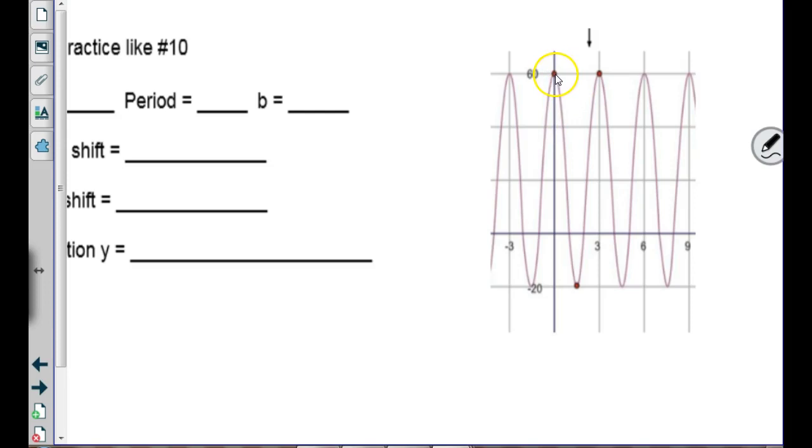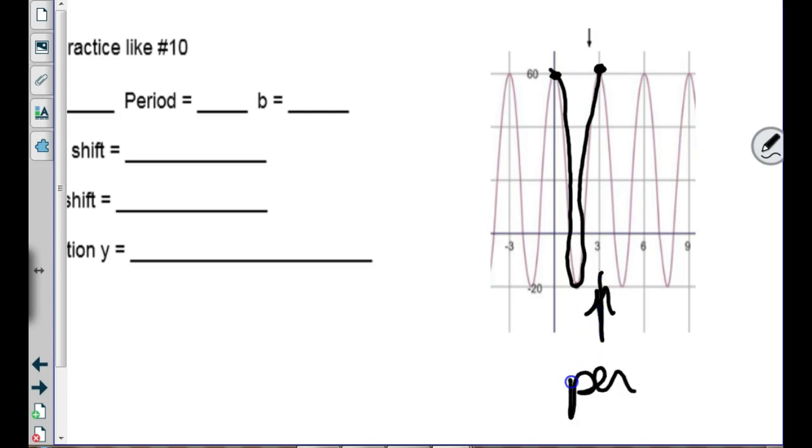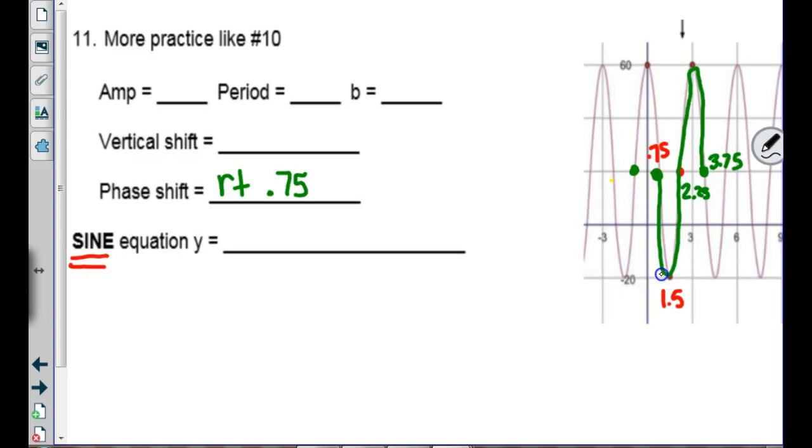I might have noticed right away that the period was 3, just because there's one cycle, even though it's cosine, right? And it finished at 3. So that's the period. Whether it's sine or cosine, every cycle is the same. So here, from 0.75 to 3.75, that is a period of 3.